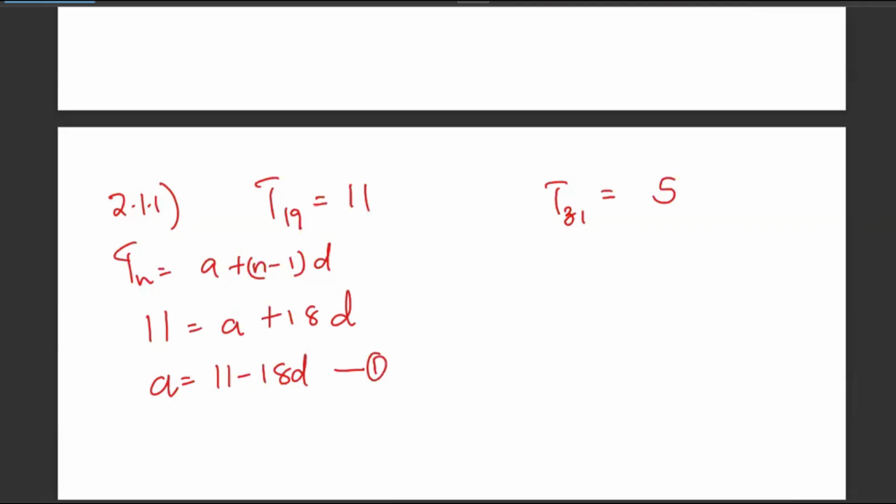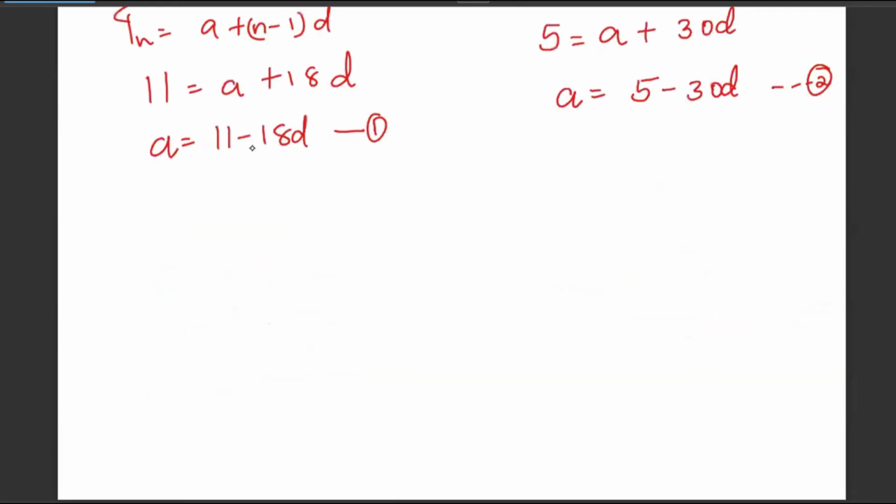Call that equation 1. Let's come to the 31st. So T31 is 5, meaning that 5 is equal to a plus 30d. You can make a the subject again, meaning that a is 5 minus 30d. This is equation number 2.